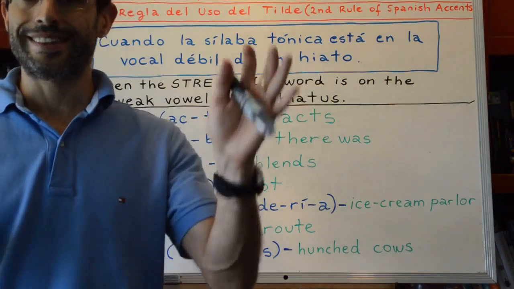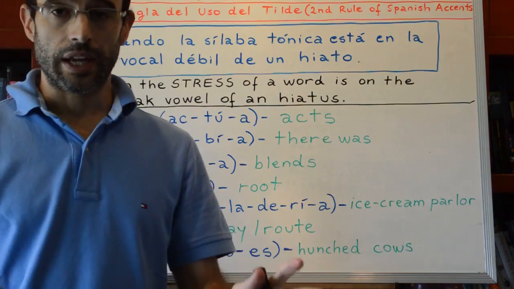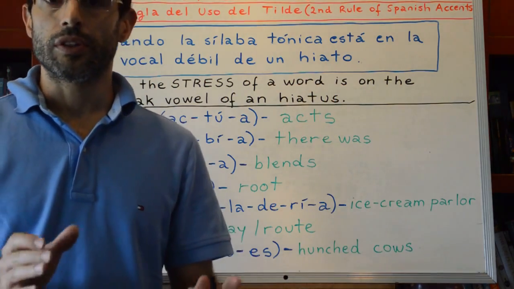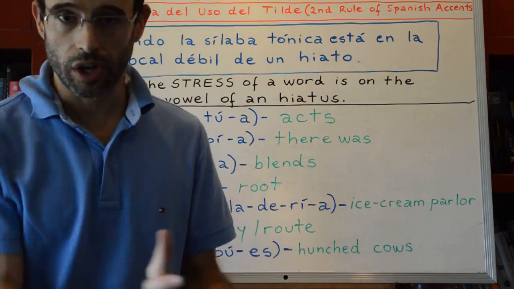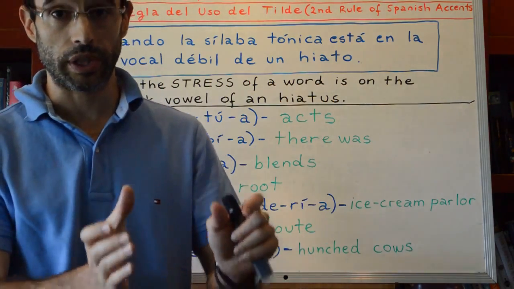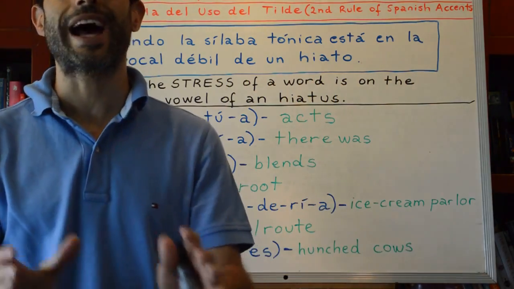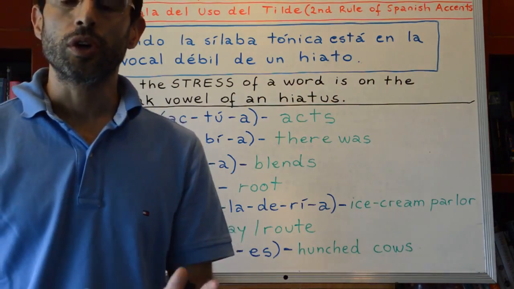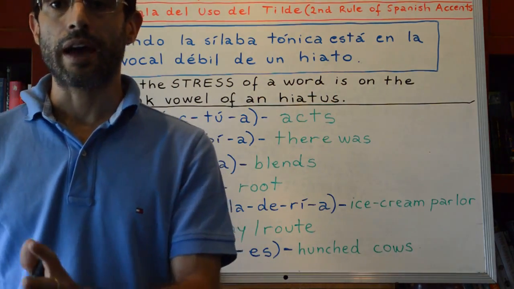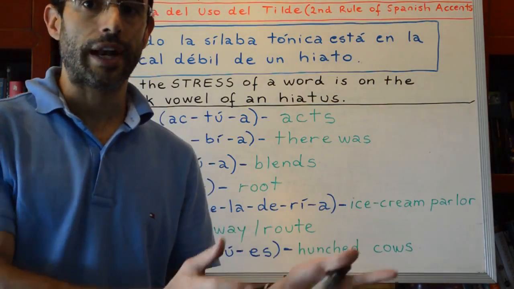In Spanish, technically, the word accent is used for the syllable, or the vowel, that has the stress of the word, where the word is stressed. That is called acento in Spanish, okay? However, not all words have a tilde, but all words have an accent, right?